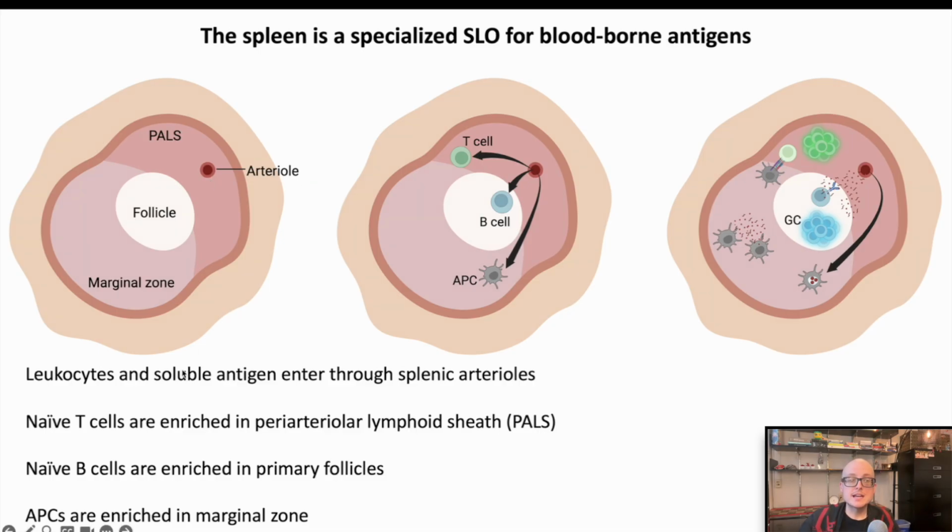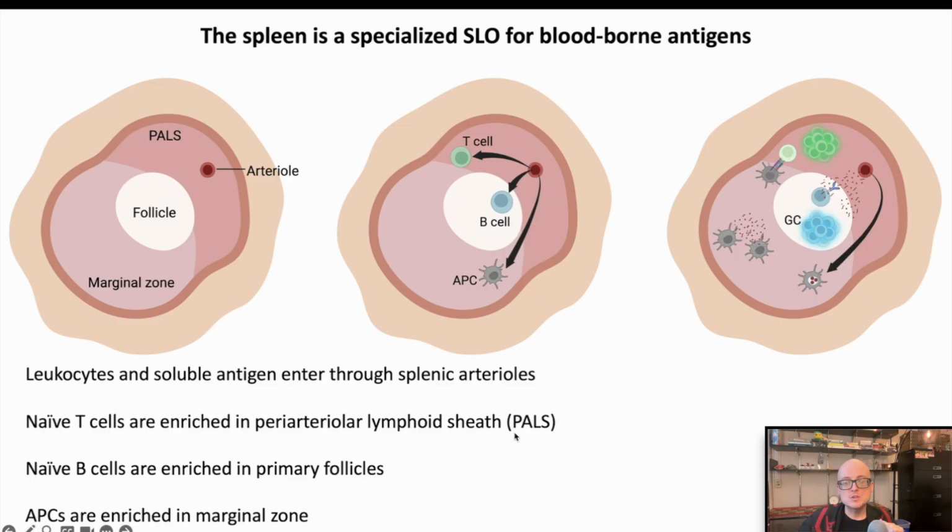So both leukocytes and soluble antigen enter through the splenic arterioles. And within the white pulp of the spleen, there are a few locations. There is a region called the periarteriolar lymphoid sheath. Periarteriolar meaning around the artery, around the arteriole.